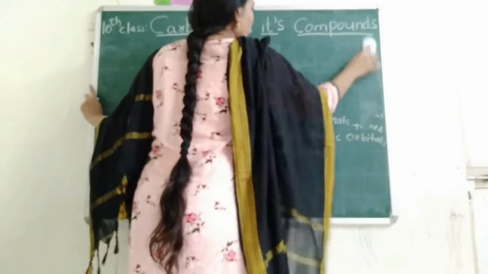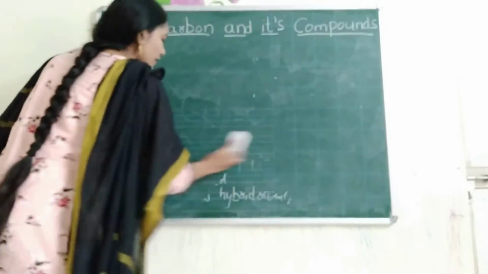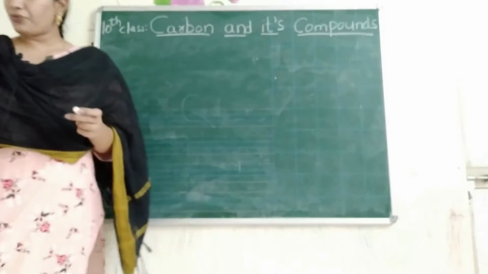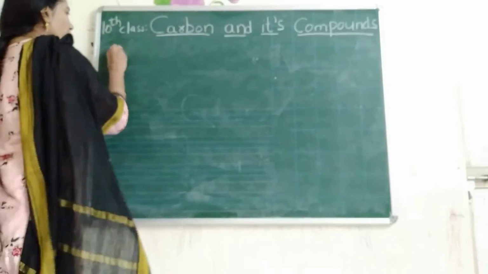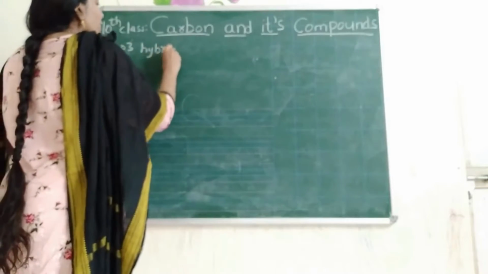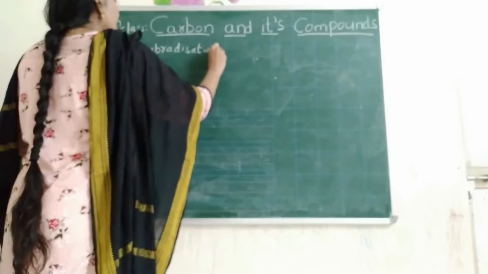First we are going to explain sp3 hybridization by taking the example of the methane molecule. What is the formula for methane? CH4.